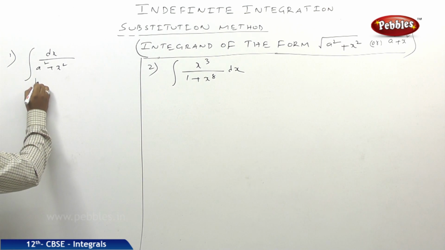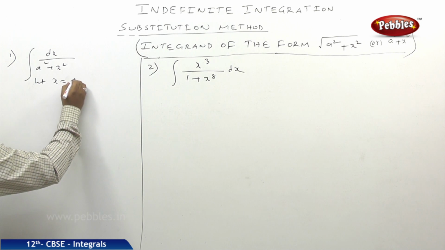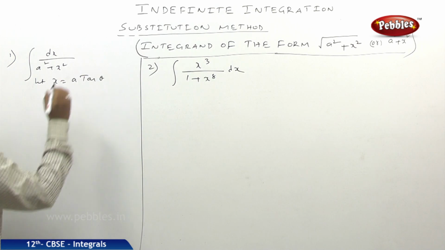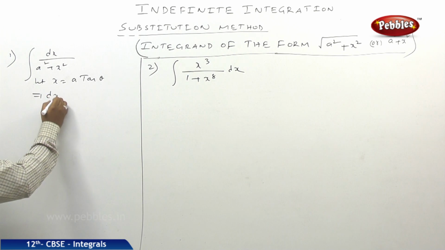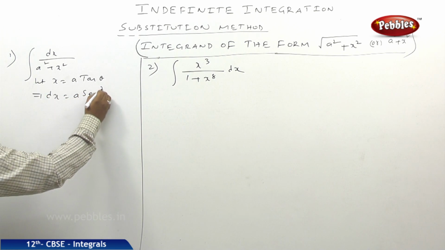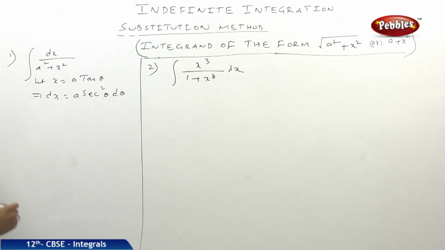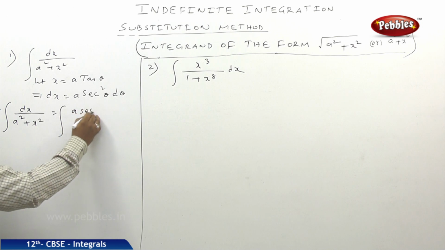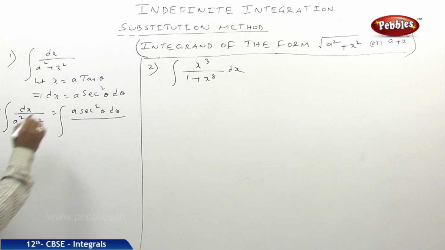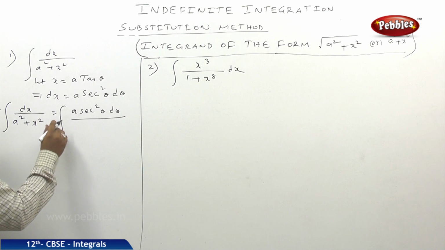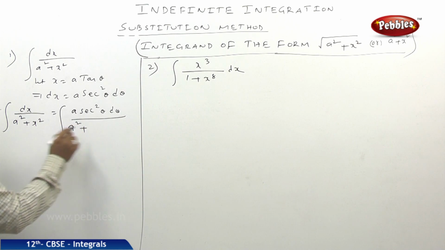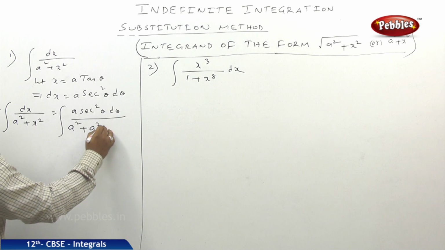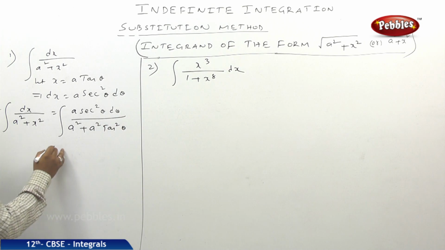So what I'll be doing is, let x is equal to a tan theta. So what happens, dx is equal to a secant square theta d theta. Therefore the integral of dx by a square plus x square is equal to a secant square theta d theta whole divided by a square plus, in place of x, a square tan square theta.